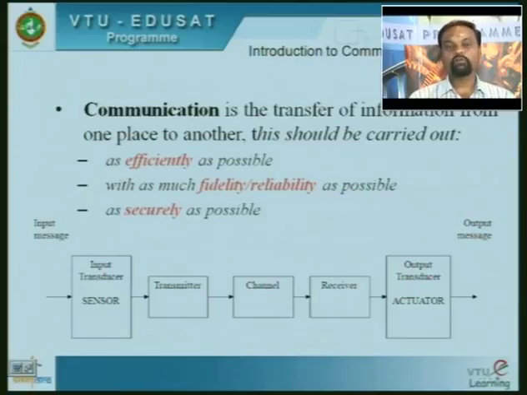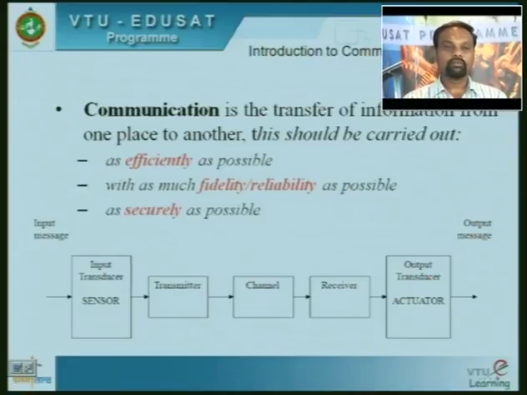The first and foremost important terminology is that communication is transfer of information. So let us understand what we mean by transfer of information. There are lots of activities going on in our daily life, and certain incidents we call information.